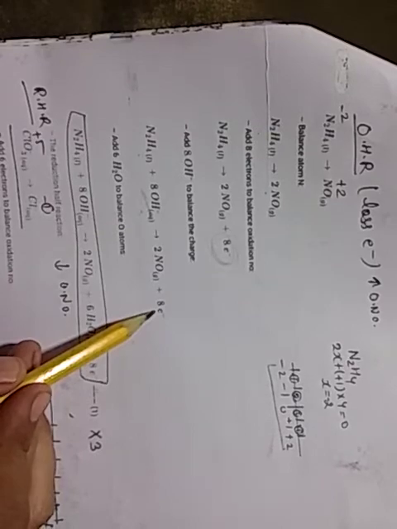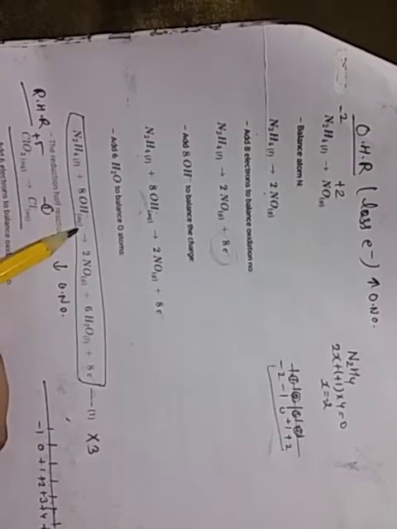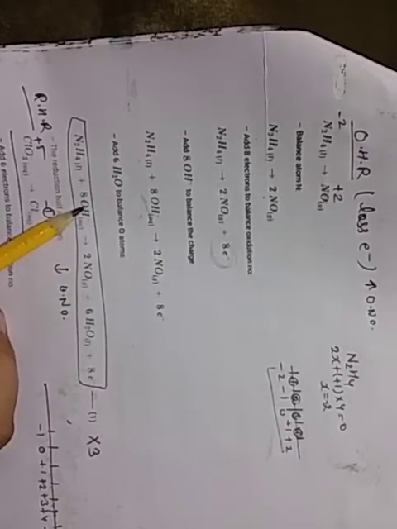Then 8 oxygen, so we write 6 H2O on the right-hand side. So N2H4 plus 8 OH minus gives 2 NO plus 6 H2O plus 8 electrons. Oxygen is balanced: 2 and 6 make 8, and 8 oxygen on the left-hand side.